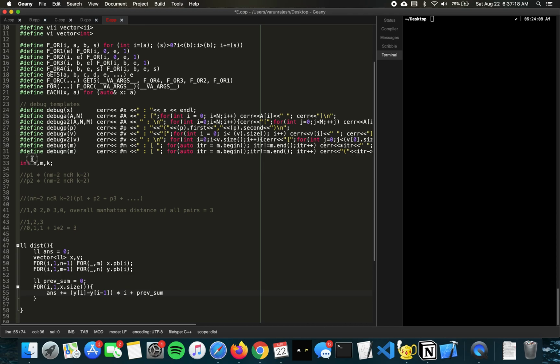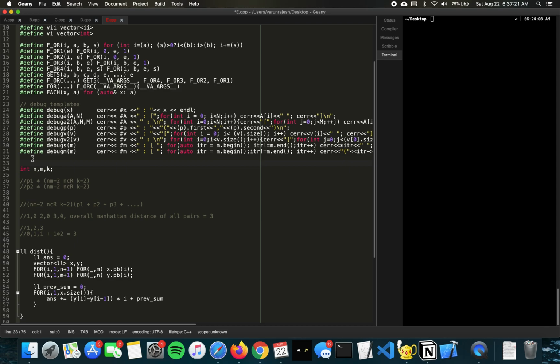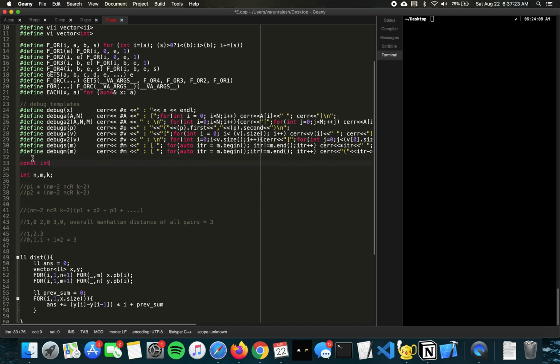And oh yeah, let's have a const int mod, which is 1e9 plus 7. And then we mod the whole thing. And then ans mod equals mod to be safe. And then we have to change previous sum, which is going to be, we increase previous sum by this.